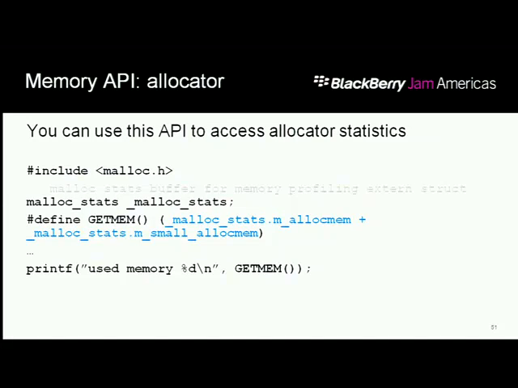As I mentioned before, we have a small block allocator and a large block allocator, so there are 2 variables here that keep the allocated memory. You sum them and have how much memory the application currently allocated. So you can print used memory before the call, then run your function, and print used memory after the call. You will know exactly how much memory this function took.